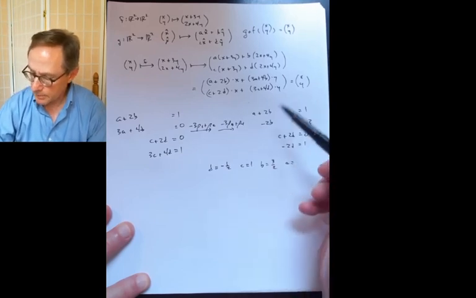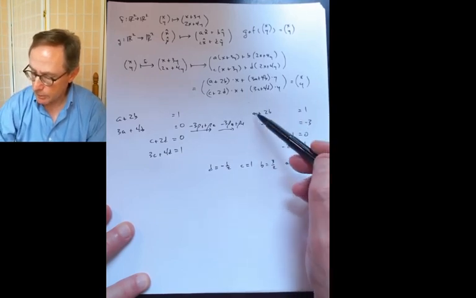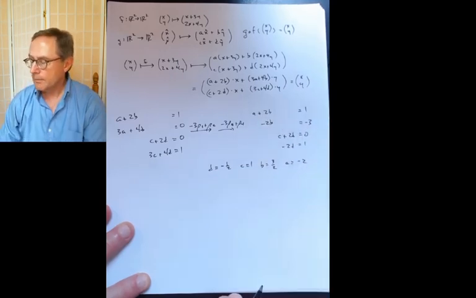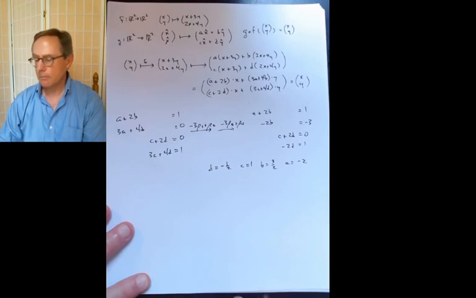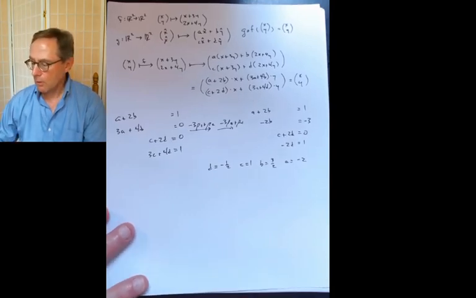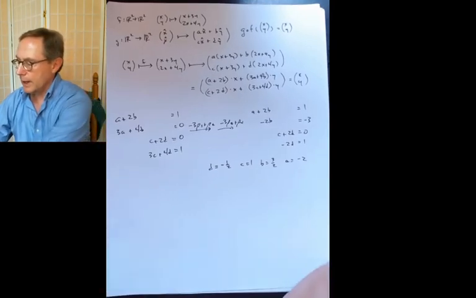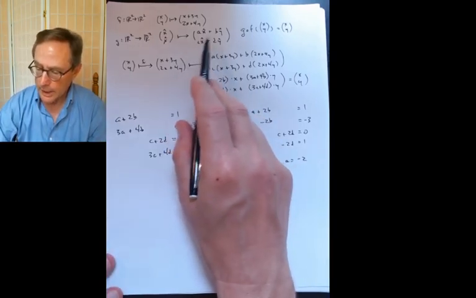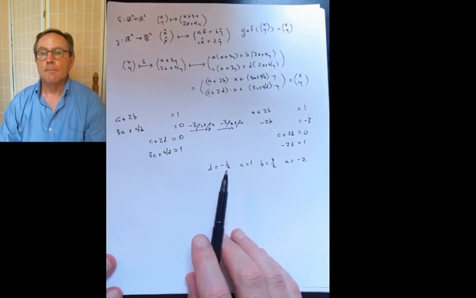And the next line up tells you, if b is 3/2, then I'm looking at a plus 3 equals 1, so a is minus 2. Okay, so I was able to figure out what the a, b, c, and d are that would work.